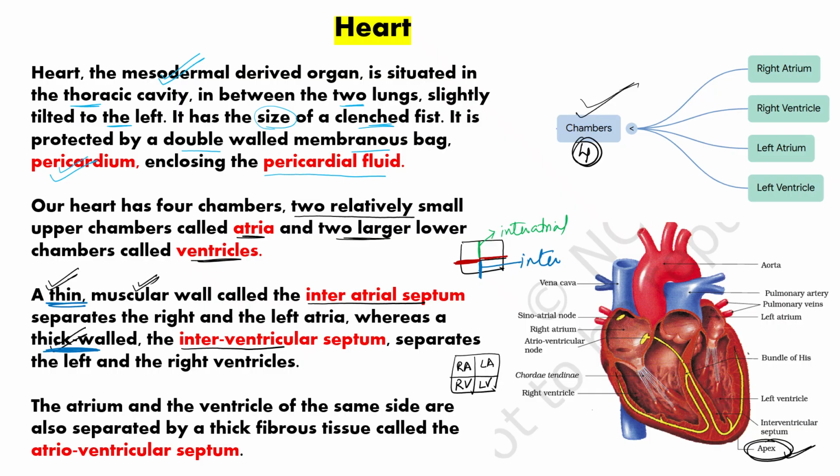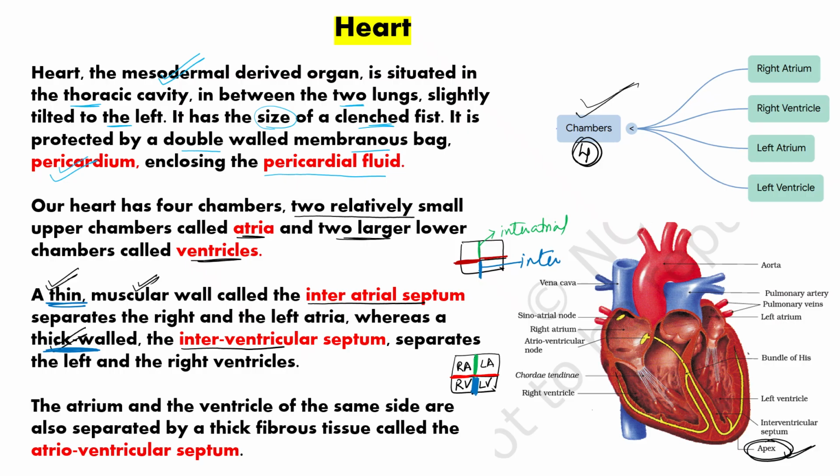First of all, you should know which is right and which is left. Here we can focus, this is your interatrial septa, green color I am using. This is interventricular septa which is more thick. Then this is your atrioventricular septa. So actually all four chambers are separated with the help of septa.